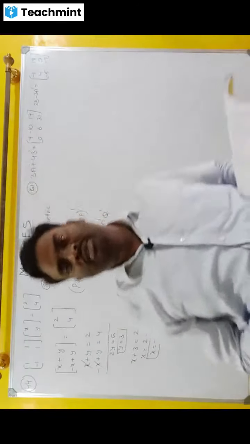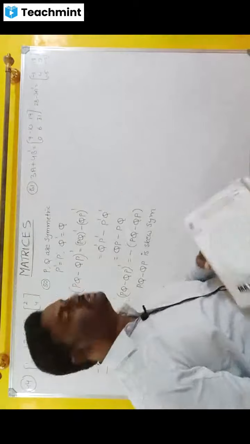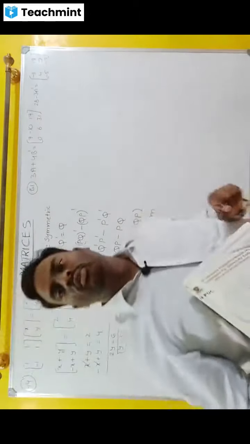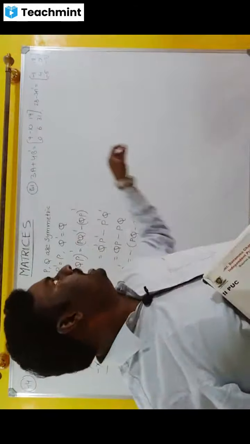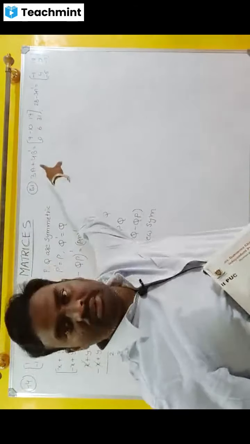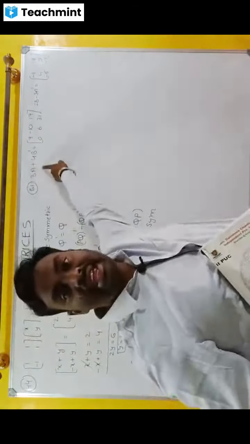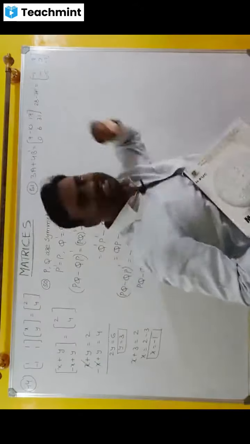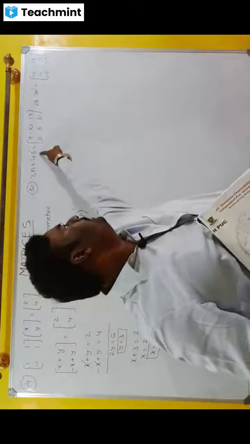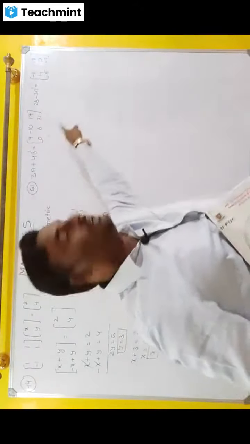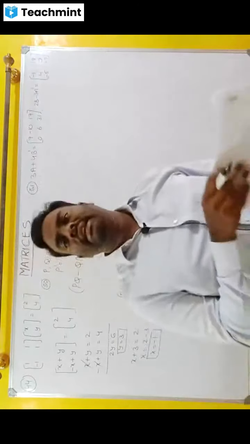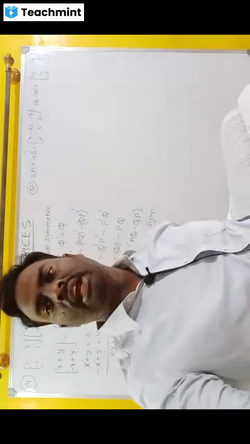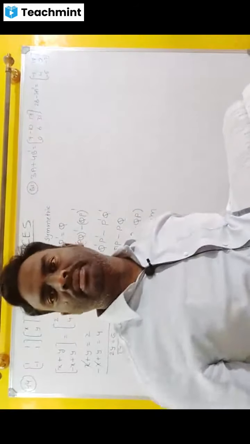Very, very important question. By using these two conditions, we need to find the matrix B. Directly cancellation is not possible because here 3A is there, here 3A dash is there. Here 4B dash is there, here 2B is there. That's why direct cancellation is not possible in this situation.